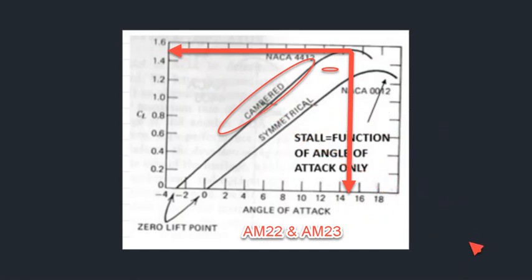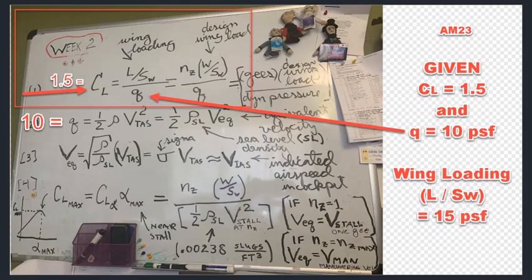So with that data of C sub L and the angle of attack, then given that C sub L equals 1.5 and dynamic pressure is 10, you have a very simple formula, just 10 times 1.5 gives you your wing loading, or 15. Wing loading is going to be equal to 15.